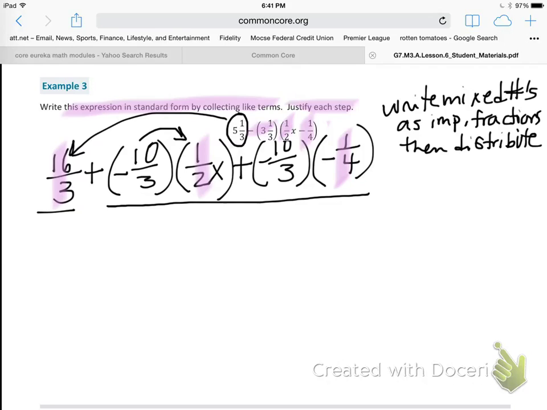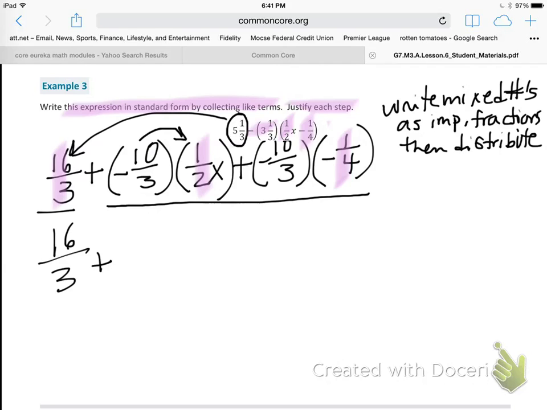Now I don't need to do any regrouping at all, but let's just go ahead and do this multiplication here. This 16/3 is going to stay the same. Let's multiply negative 10/3 times 1/2 x.